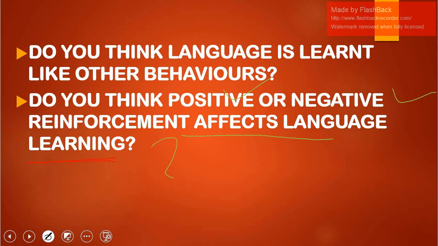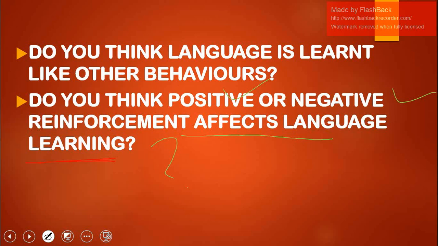It means you do something wrong and you are punished or rebuked. So if you are rebuked for doing something in the language, for example for violating a rule, or for example a baby violates a grammatical rule and he is ignored by her mother.